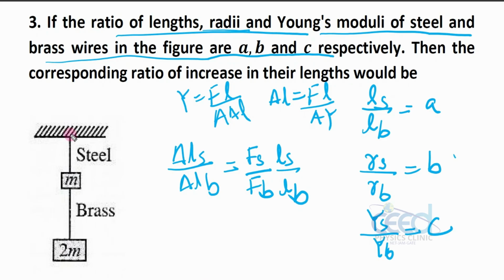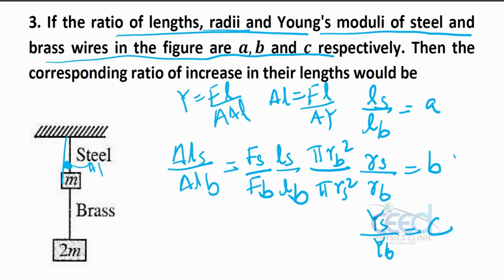So say the area is A1, then pi r steel square for steel, and for brass the area goes up in the denominator, so pi r brass square divided by pi r steel square, that is A2 by A1.